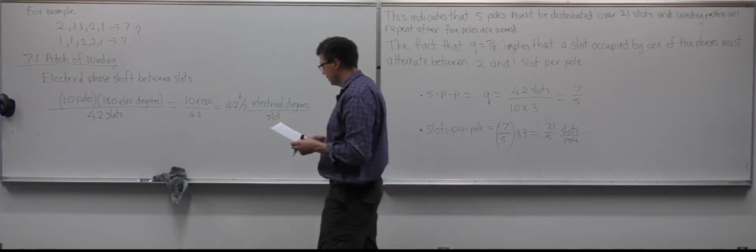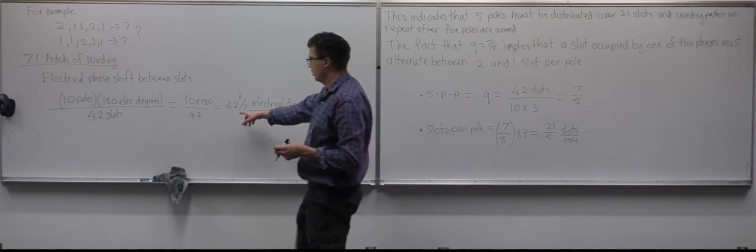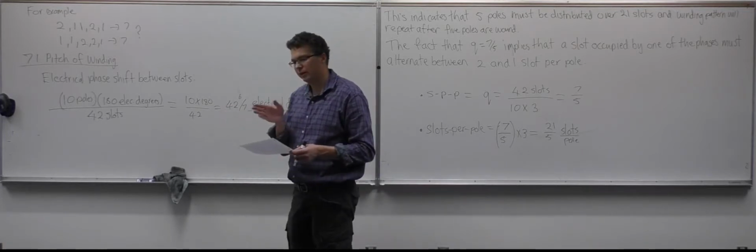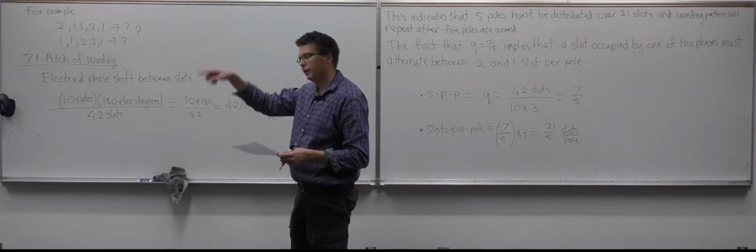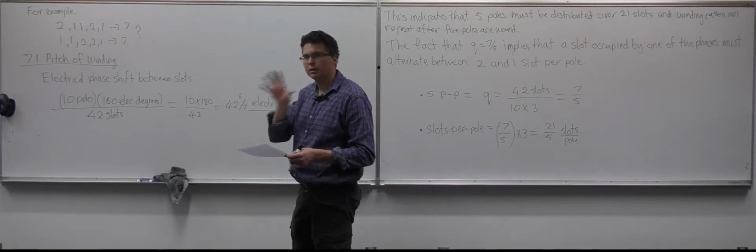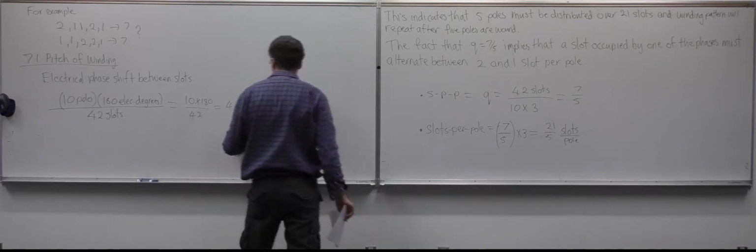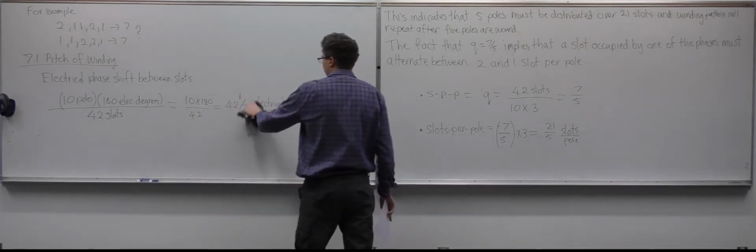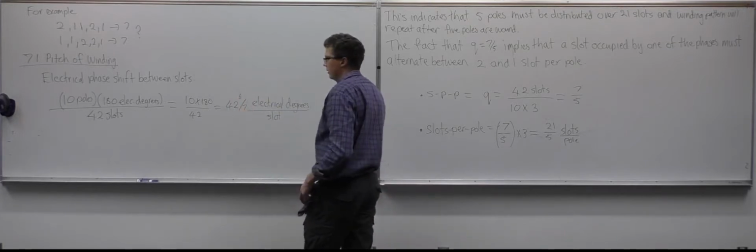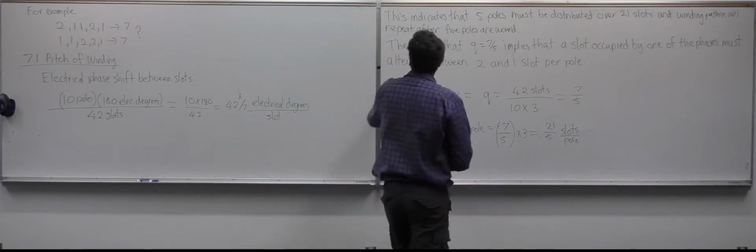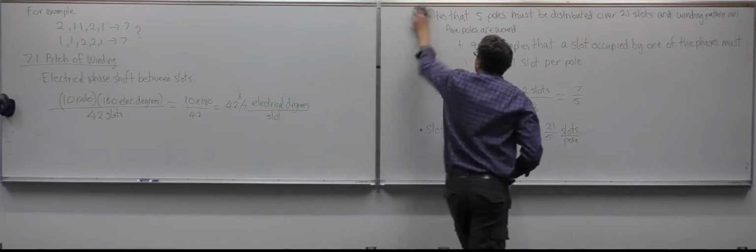Now, we want to try to create a field that makes 180 electrical degrees for the pole. So we definitely would like more than 42 and 6/7 for the field to be created across.